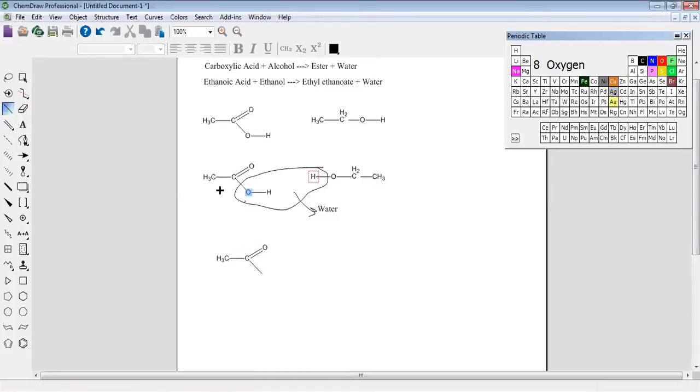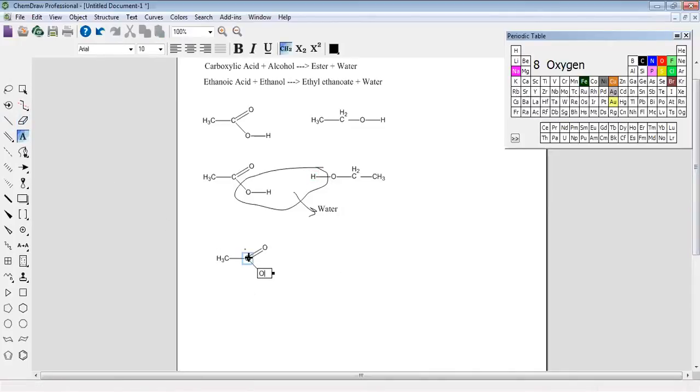This much part is taken from the acid side. What we are going to do is that we are going to connect the leftover part of alcohol over here. What was the leftover part of the alcohol? The leftover part of the alcohol was an oxygen atom that was actually connected to two carbon atoms, one after another.